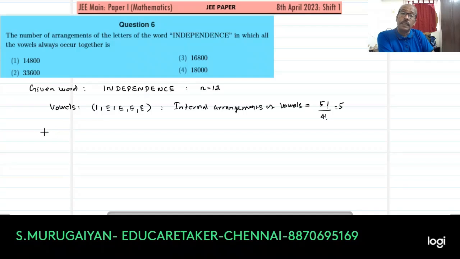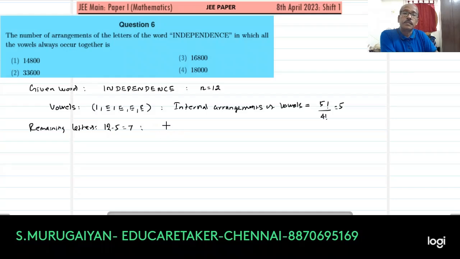The remaining letters, 12 minus 5, is 7 letters. What are these 7 letters?